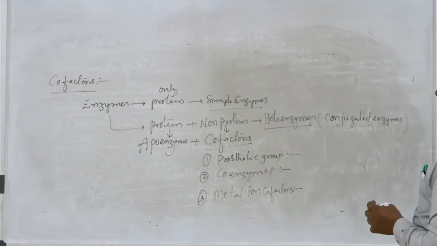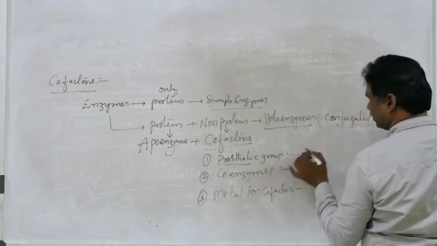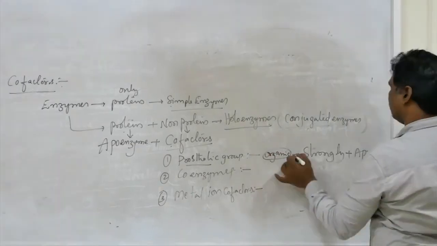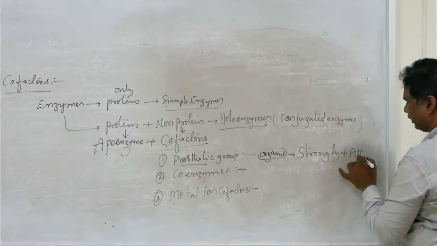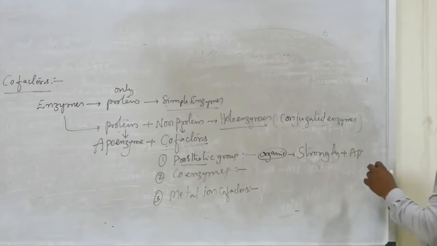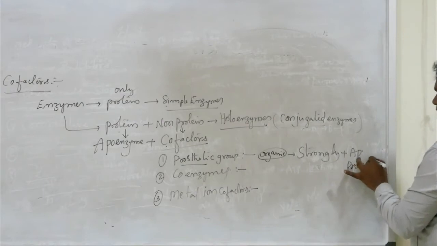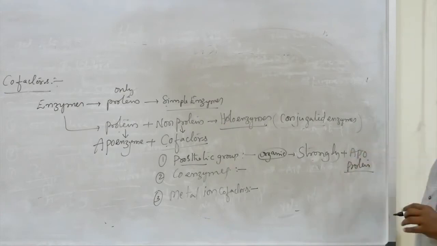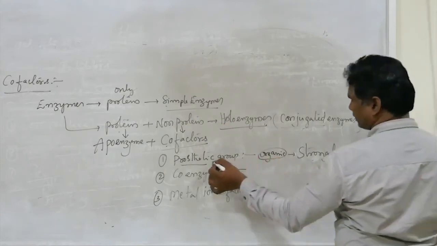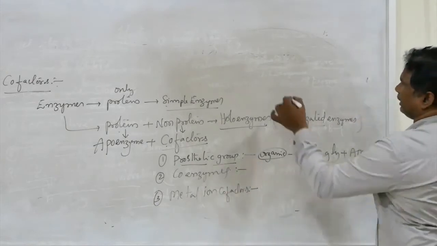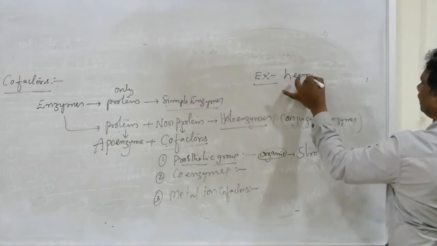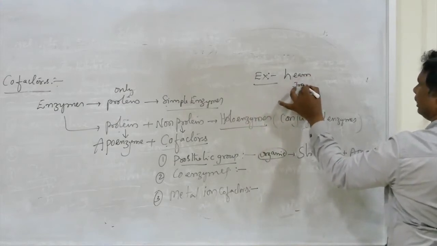The first one is the prosthetic group. Prosthetic group is one of the organic compounds that are strongly attached with the apoenzyme, or protein part of the enzyme. Those are simply called prosthetic group. One example of a prosthetic group is heme, meaning iron.